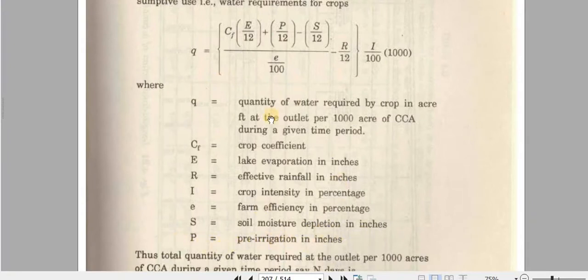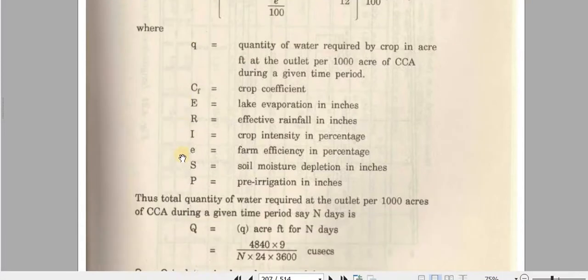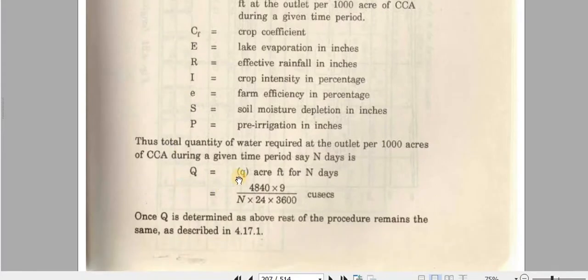You have to enter all these values here and find out the Q. Before canal designing, in all our numericals Q was given, but here we can calculate the Q. Then this small q will be used to find out the total Q.